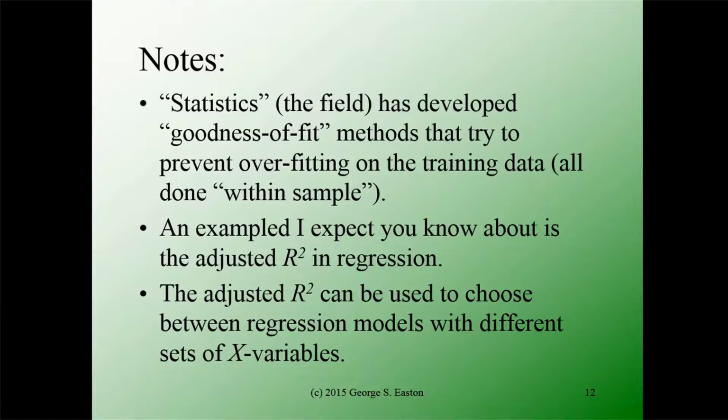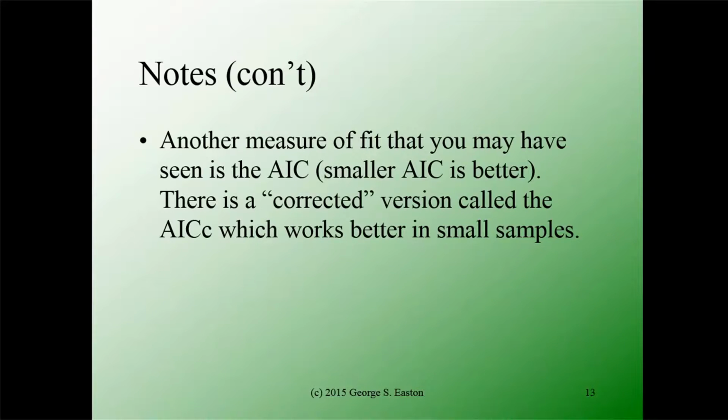Now, another goodness of fit measure that is used in model selection and intended to prevent overfitting is called the AIC, which stands for the Akaike Information Criterion, and it is named after the professor that proved the main asymptotic result about this measure's behavior.